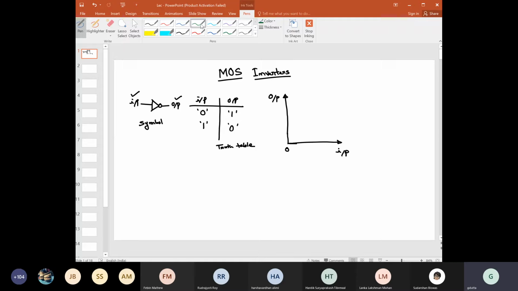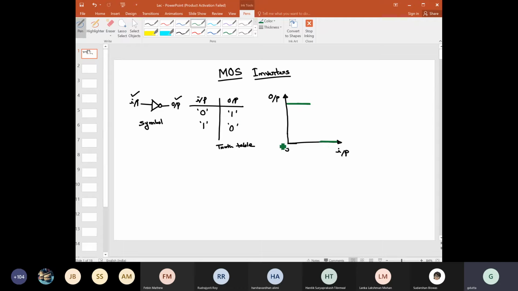As it is an ideal inverter, when the input is low, the output is high, like this. Then when the input is high, for these values, the output will be low, logic 0.